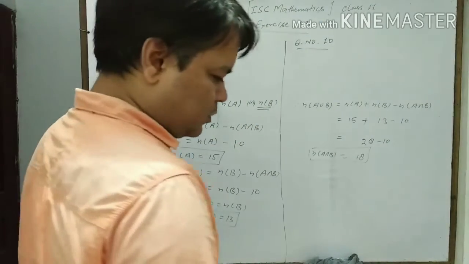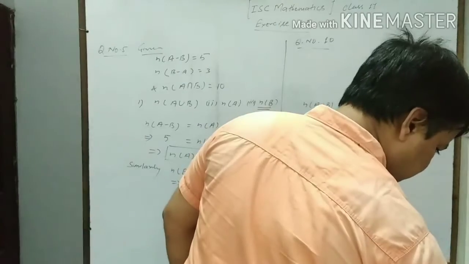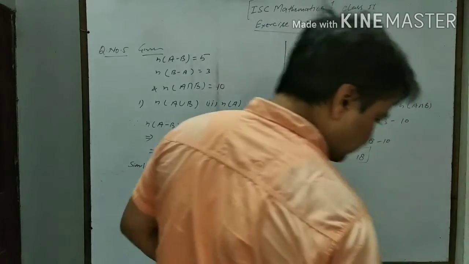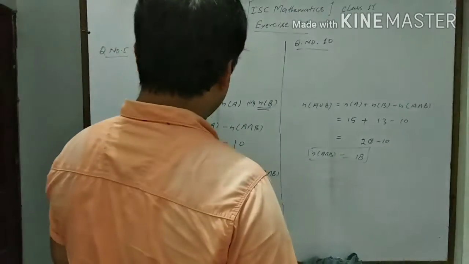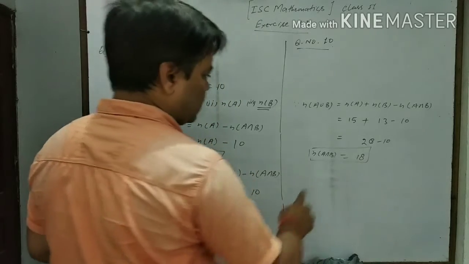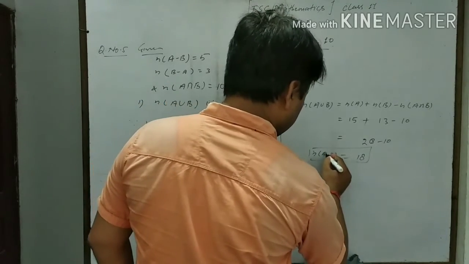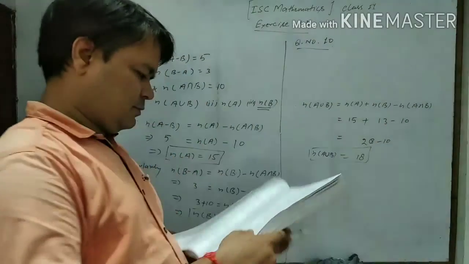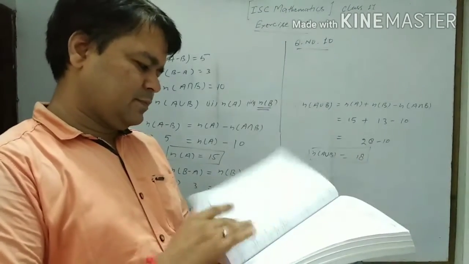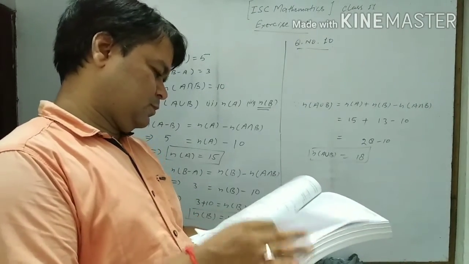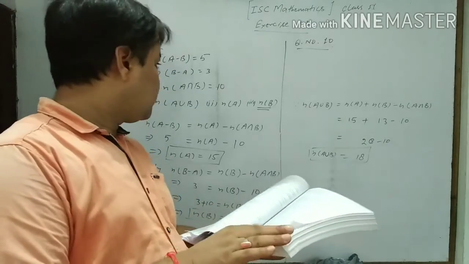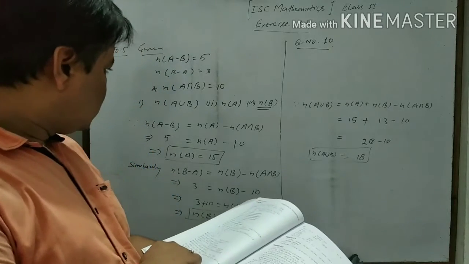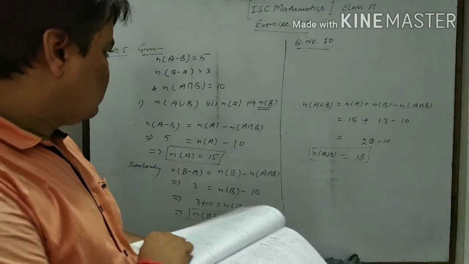So how do we write the answer? Cardinal number of A union B. Let us check the answer of question number 5 of exercise 1.4.